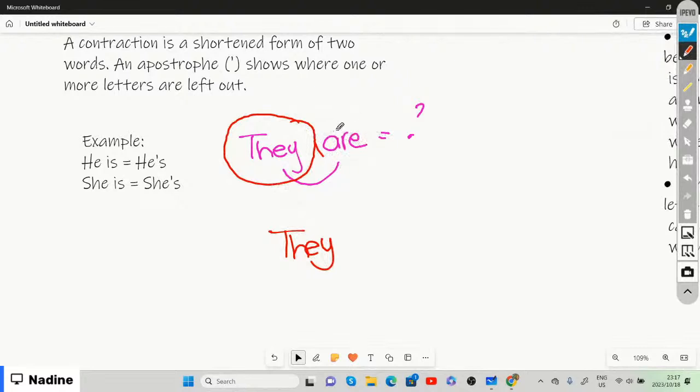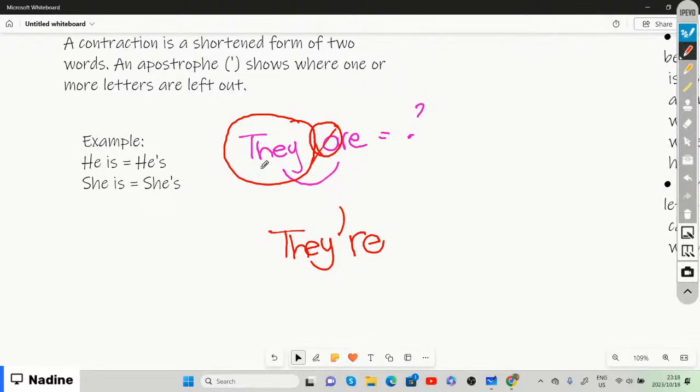We are going to leave out the A, we put the apostrophe there, and then we put the R and the E, right? So that sounds almost like they are, but it means they are.